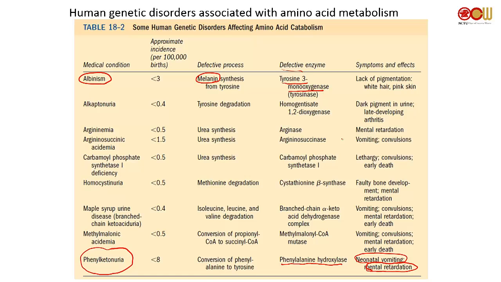So typically, if you have mutations in amino acid metabolism, what you usually end up with is some kind of mental retardation. So for human genetic disorders, the most common end result is usually some kind of mental problem. So now maybe somebody somewhere will figure something out to fix that.